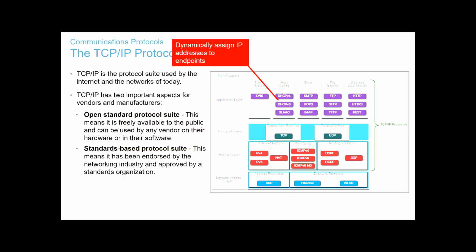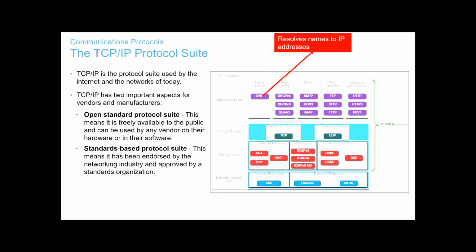DHCP v4 dynamically assigns IP addresses to endpoints. I think you all know what DHCP is. DHCP v6, which we didn't really cover in the networking course, you can have a DHCP v6 server that will farm out both an address within a range of addresses as well as the gateway and other specifications.